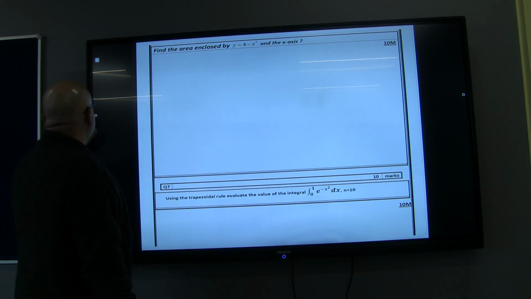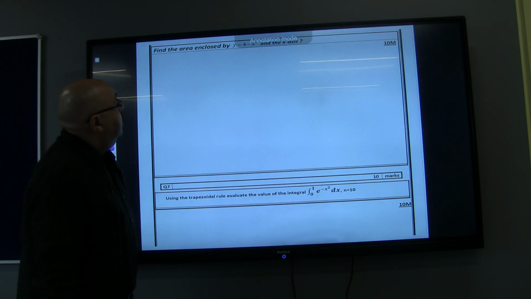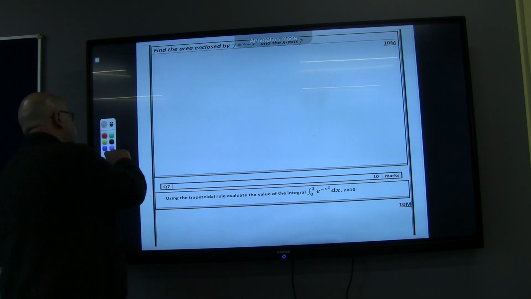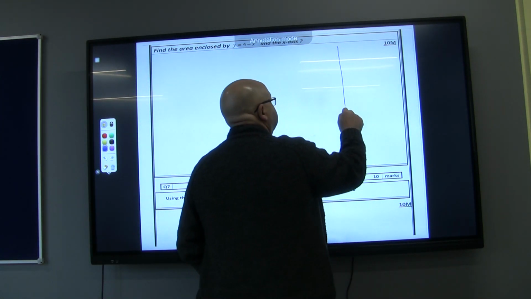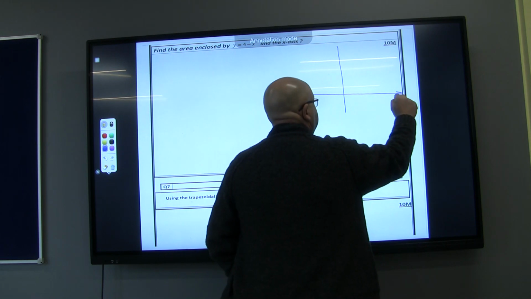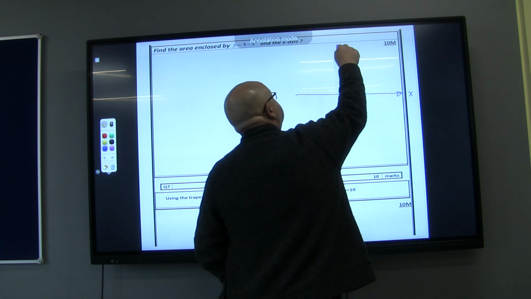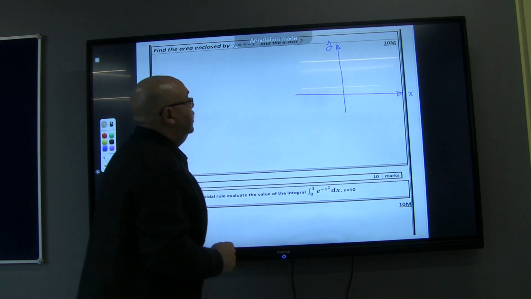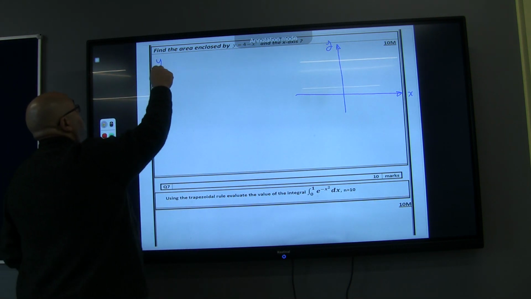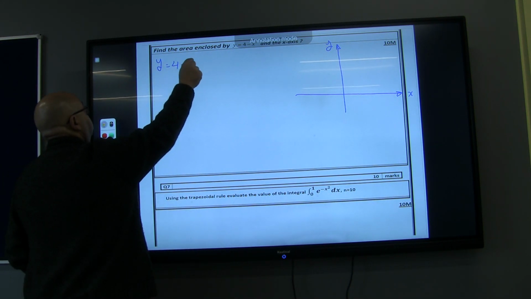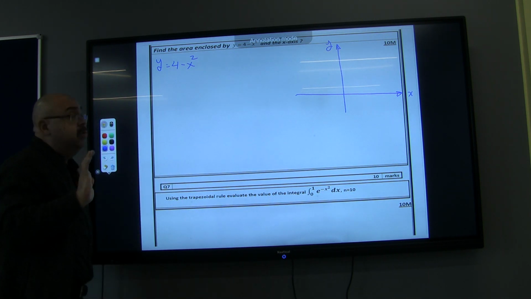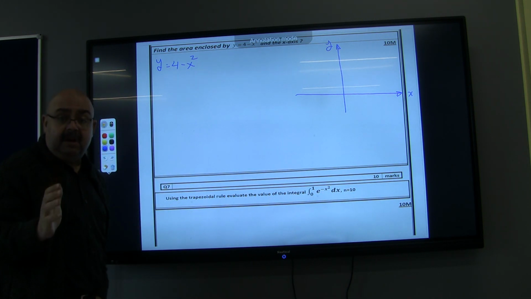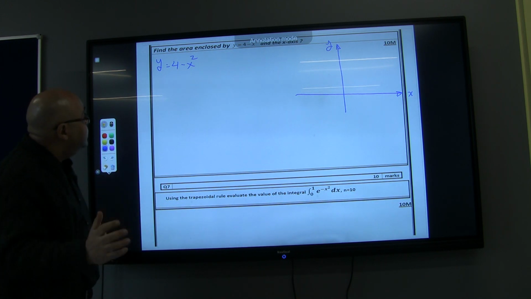So if I want to find the area for this problem, the first step is to sketch this function, which can be done by a lot of methods, but of course through this module you already have the functions. So I will start with y equals 4 minus x squared, which is a second degree parabola symmetric about the y-axis.